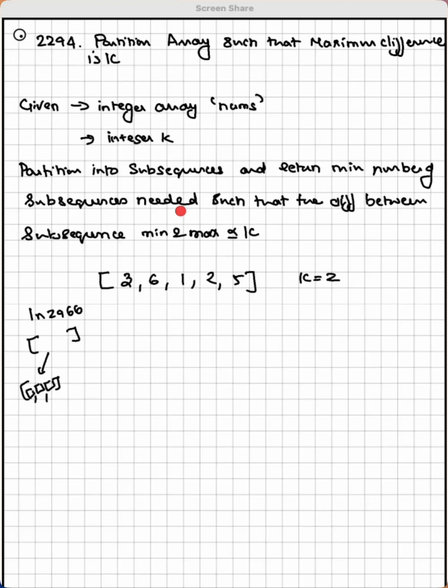Now this is similar to a problem that we looked at earlier, which was 2966, where given an input array, we had to partition that into arrays of length 3, and one of the things we had to take care of was that the minimum and the maximum have a difference of less than or equal to k.